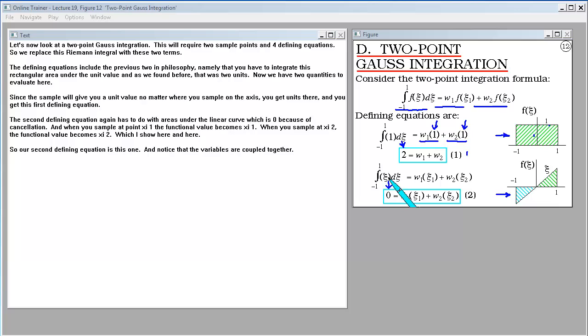When you sample at point C1, the functional value becomes C1. When you sample at C2, the functional value becomes C2, which I show here and here. So our second defining equation is this one. And notice that the variables are coupled together.